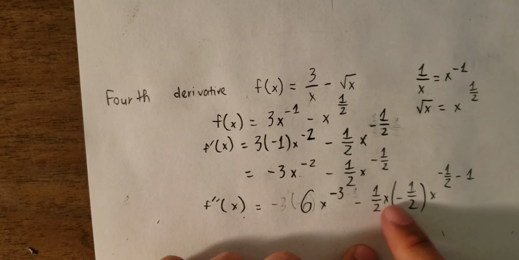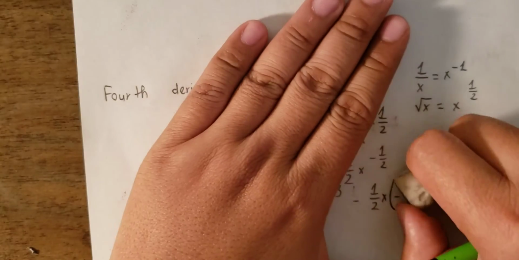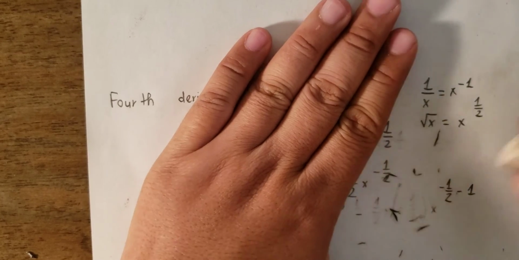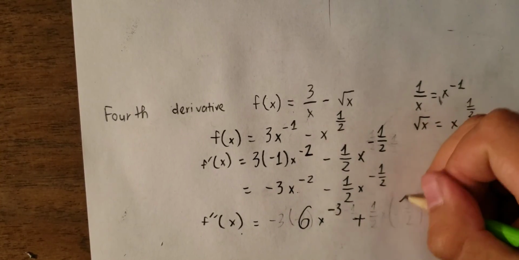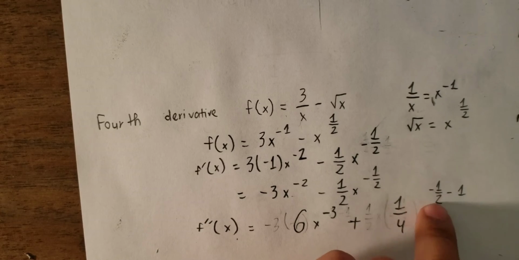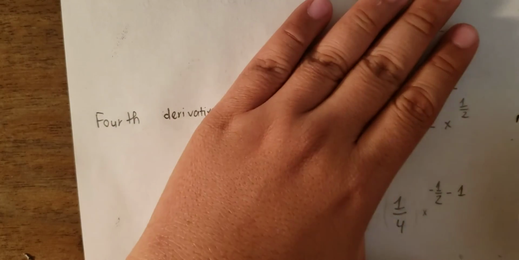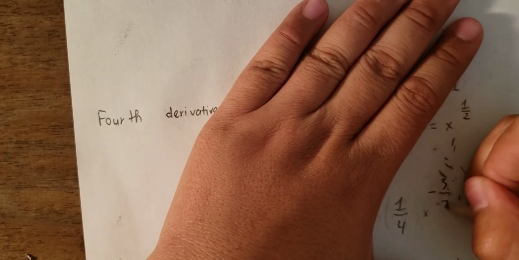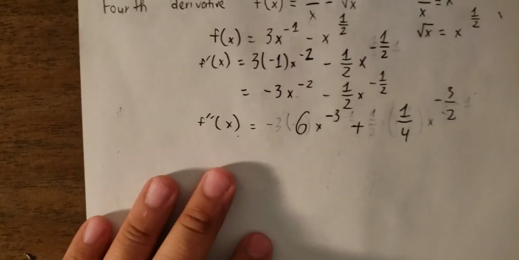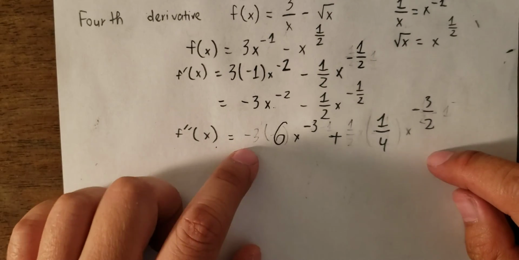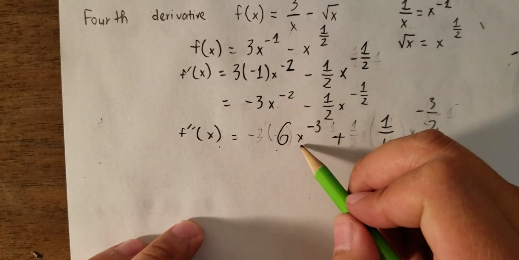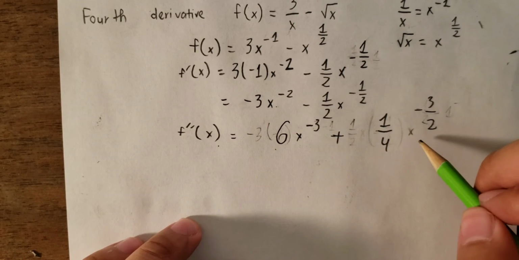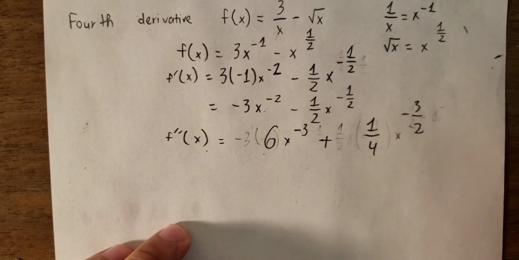Minus 1 over 2 multiplied with minus 1 over 2, you got positive 1 over 4. Minus 1 over 2 minus 1, you got minus 3 over 2. So that's the answer of the second derivative: 6 s power minus 3 plus 1 over 4 s power minus 3 over 2.